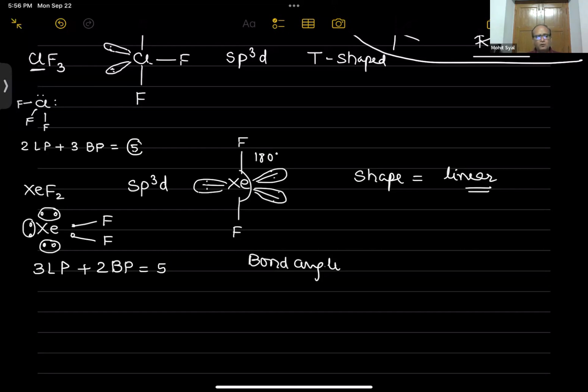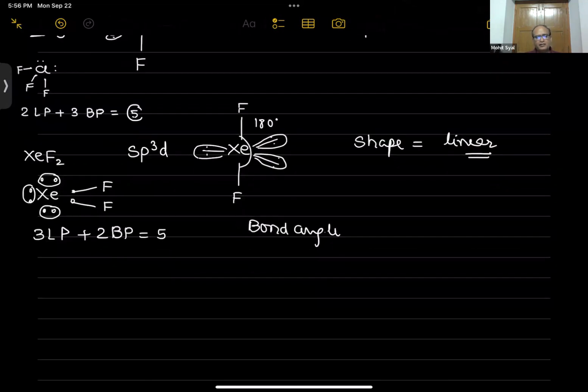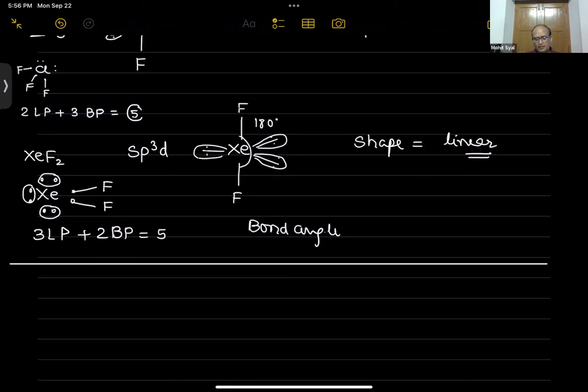Now we move on to groups having steric number 6. We were at 5, so now we will move on to 6. Let's take the example of SF6.